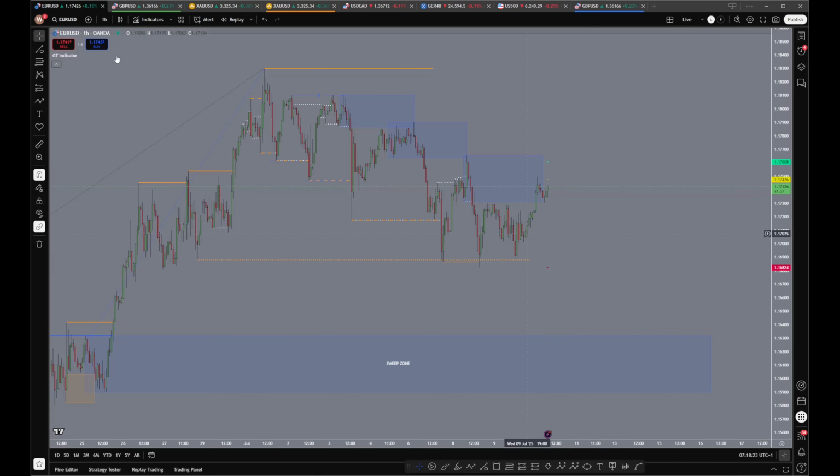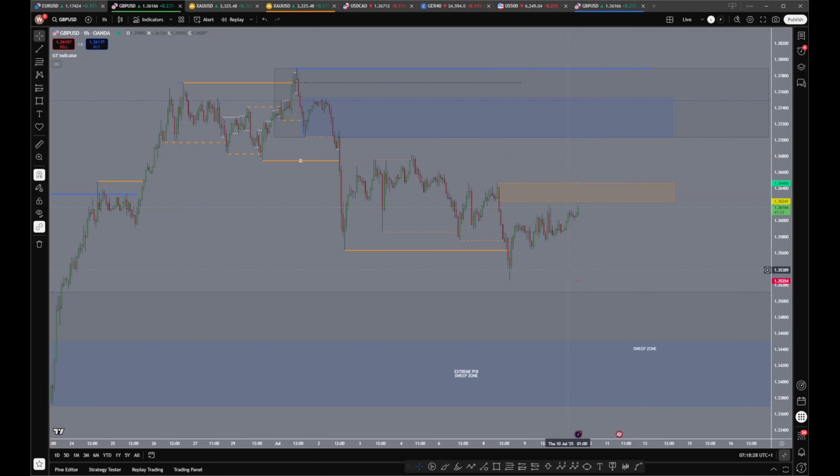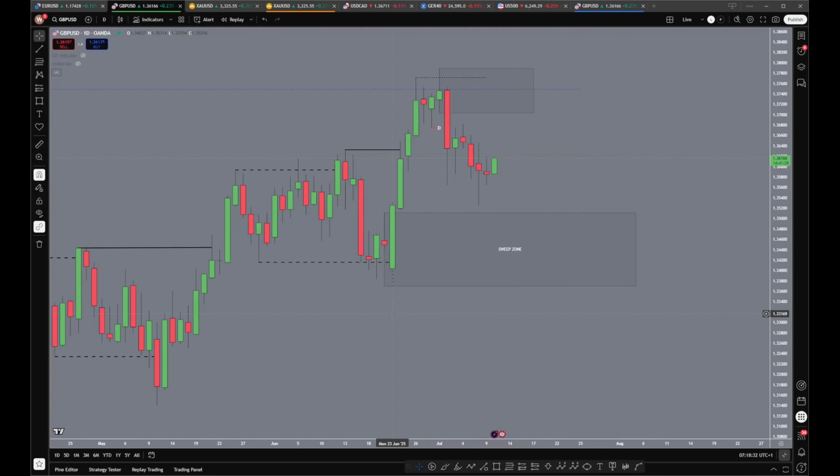Okay, so let's look at the pound dollar. On the pound dollar, we can see that the swing structure is bullish, and the internal structure is the same because we've just got this one leg.